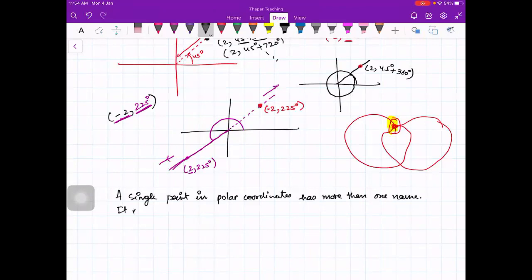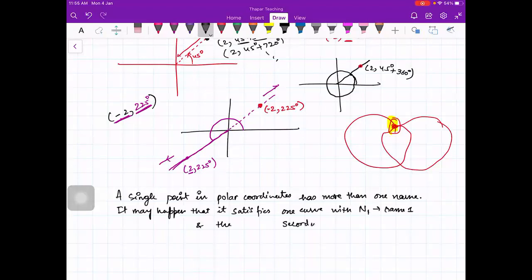It may happen that it satisfies one curve with, say, n1, name 1, and the second curve with n2, name 2.